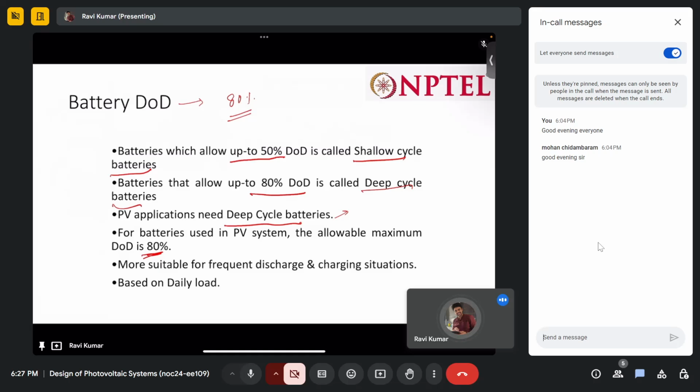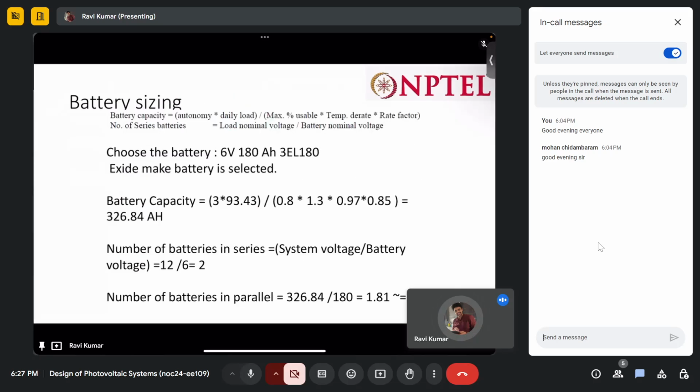So now based on this, we will consider how much battery capacity we require. So this is the autonomy. Now we were saying that autonomy is the number of days when our battery is not being charged, and our daily requirement was 93.43. So we will multiply it by the autonomy.